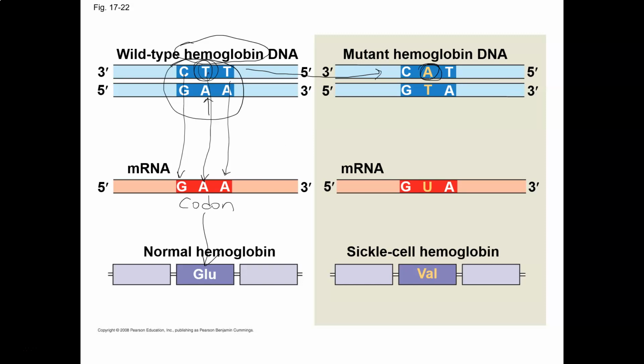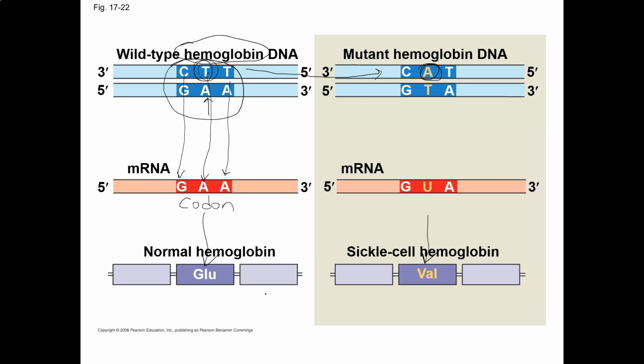If you change that middle nucleotide, then the codon becomes GUA instead of GAA, and that codes for a different amino acid called valine. It just so happens that glutamine and valine are quite different. Valine is hydrophobic, glutamine is not.